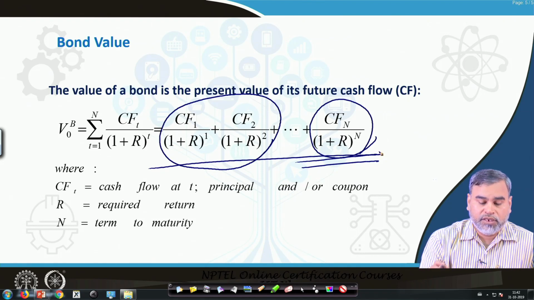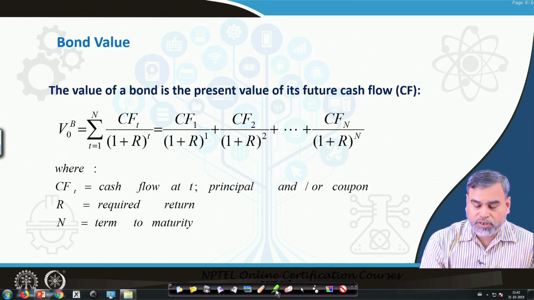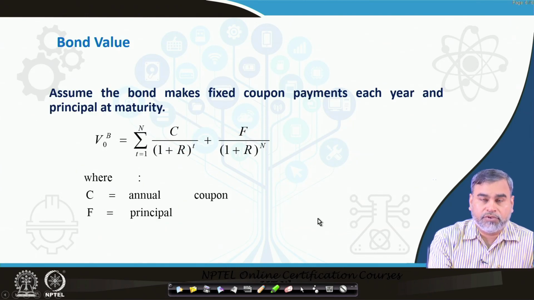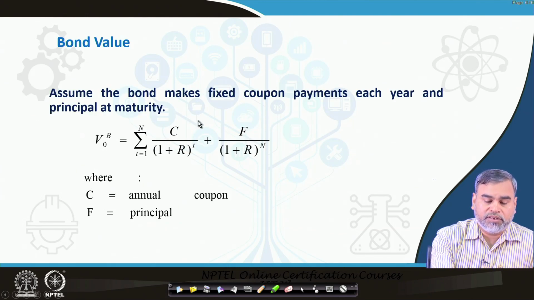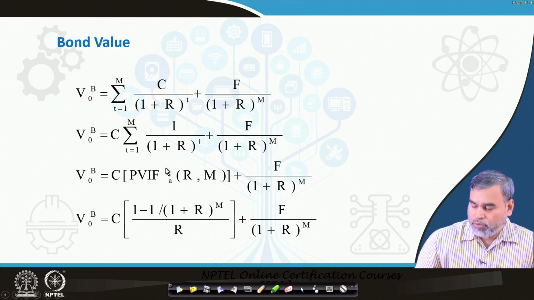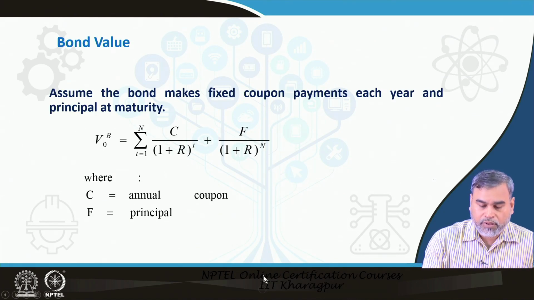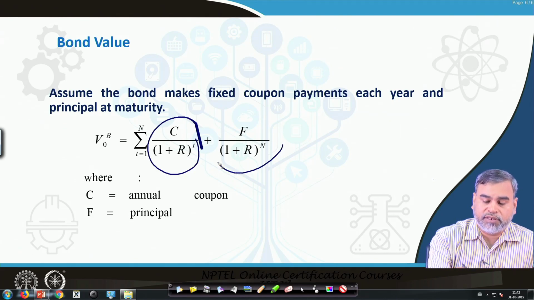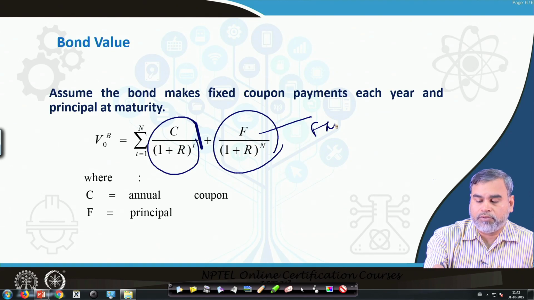in the regular way, but if you observe this, it will be more clear. Here C represents the periodic cash flow we are receiving, and F is nothing but the face value.